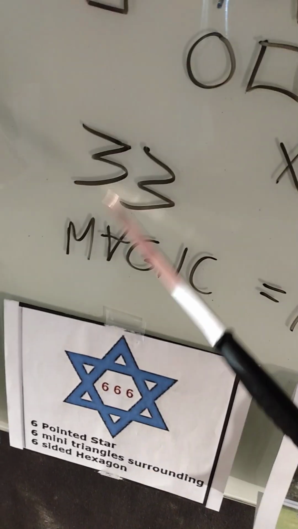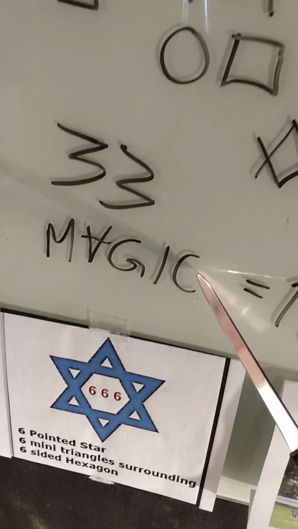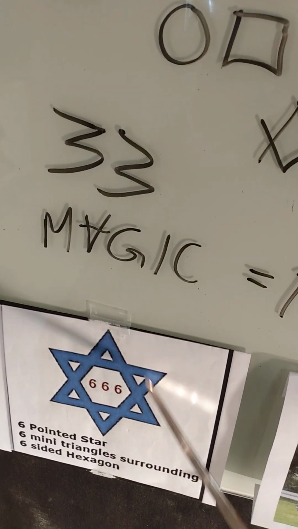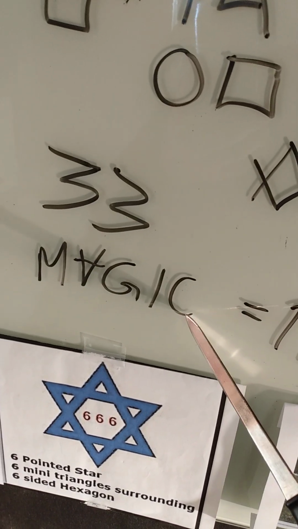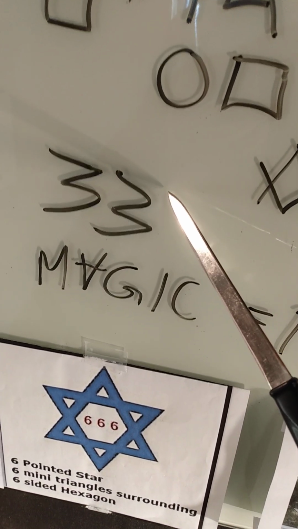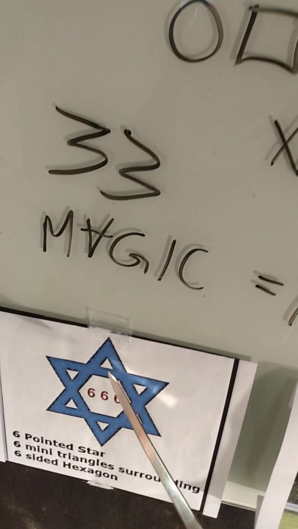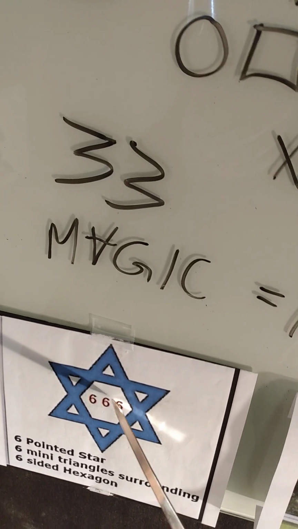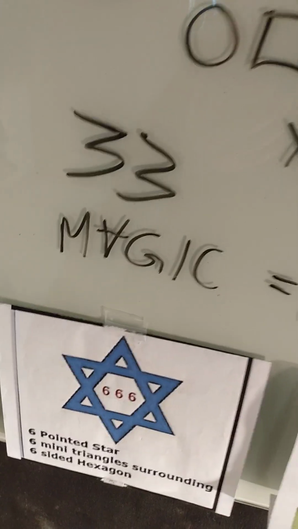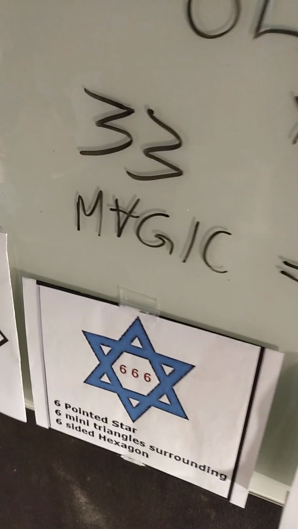And then you have magic with a C only, and that's represented by 2 triangles. If you take the alphanumeric position of the word magic, it will equal 33, and 3 and 3 is 2 triangles, and inside of the 2 triangles you will find 666, and that's another gematria for the word witchcraft. Okay, so now we've done that nonsense.